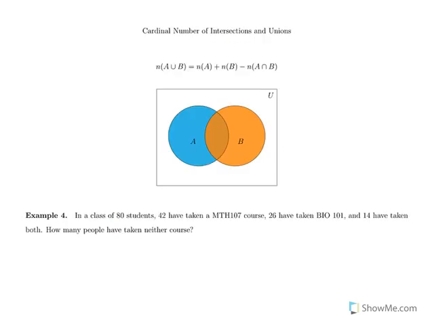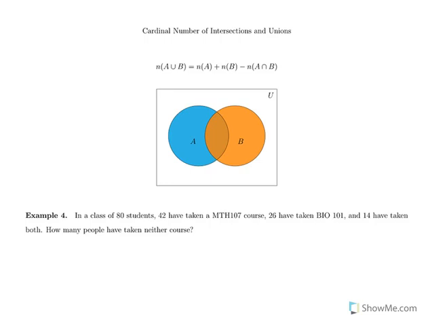So here it is. Thinking about the cardinal numbers of intersections and unions. The size of the union, A union B, is equal to everything in A plus everything in B minus the size of the intersection.